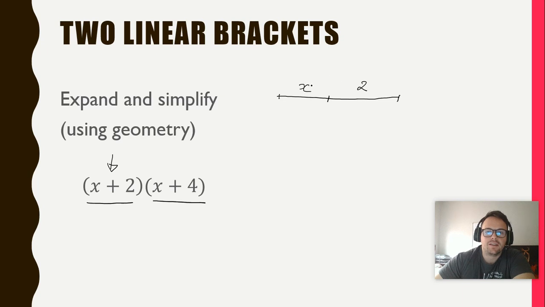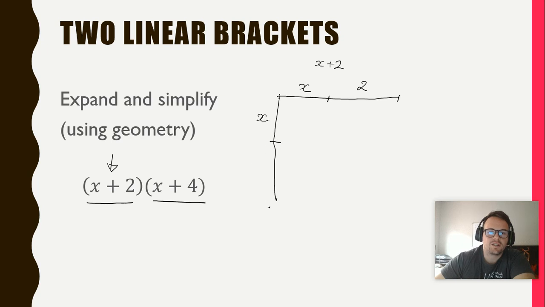Then the total length of this line is x plus 2. Now let's assume that this is a rectangle. Then this vertical line here is x till there.